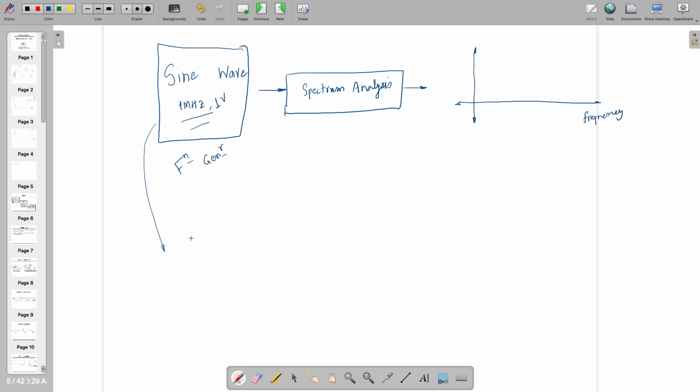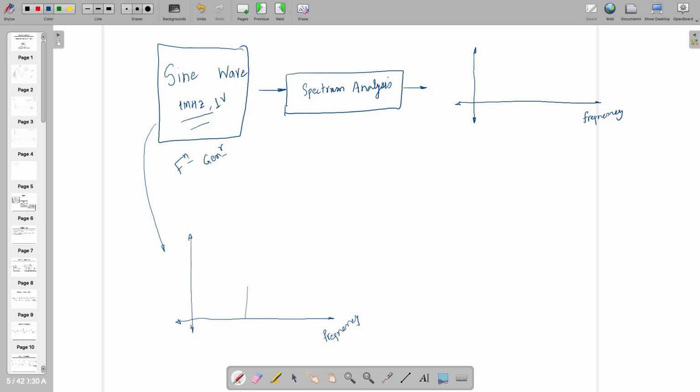If I want to convert it to a frequency signal, how will it look with respect to frequency? Have you done it, right? Believe me, if you are in electrical or electronics engineering, all the companies are going to ask you this question for sure.